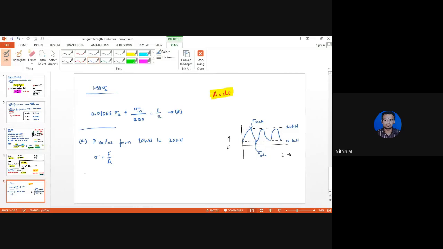If you look at this particular value, F max is equal to 20 kilonewton. F minimum is equal to 10 kilonewton.